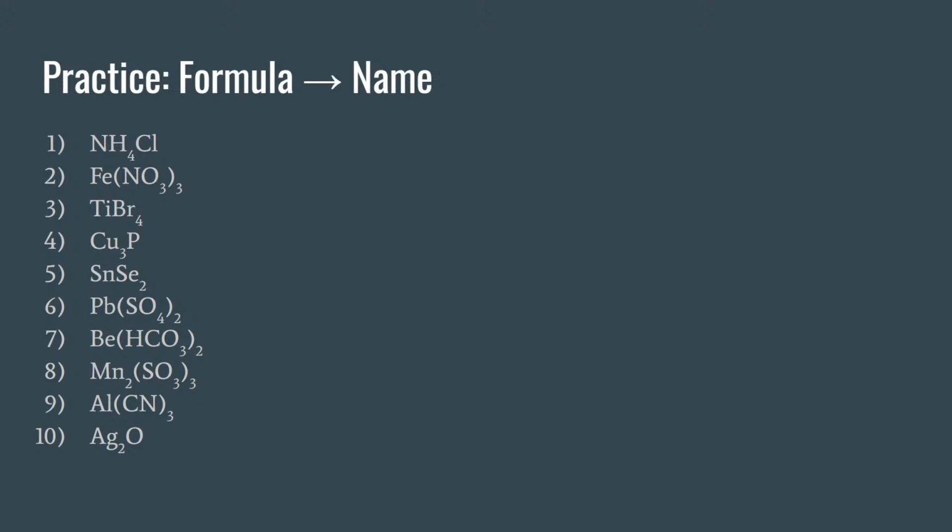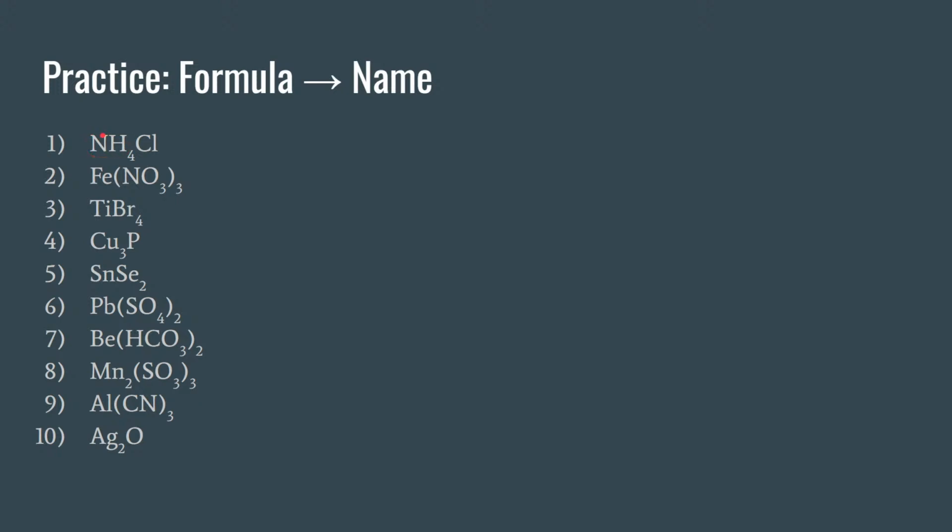Next up, Fe(NO3)3. Note the use of parentheses here. NO3 is a polyatomic ion, and then there are 3 of them. So the parentheses are there to indicate that you have multiple of this polyatomic ion. Notice that up here we have a polyatomic ion without parentheses. If there's only one of it, you don't need to indicate that you have one.